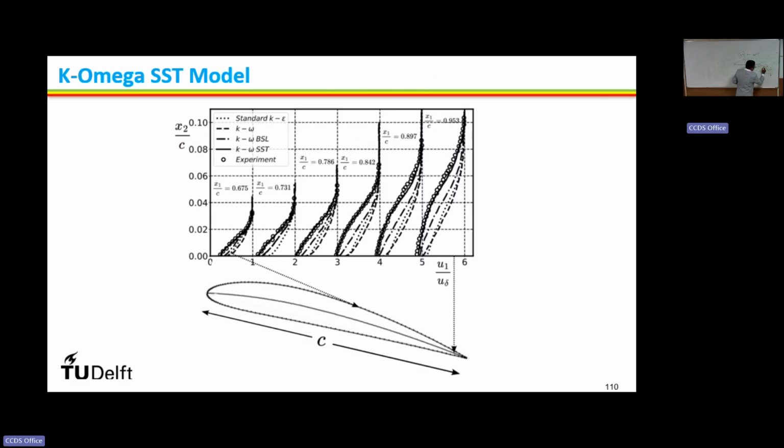You will find there is some flow separation from over here in this region, right? All the other models, the standard K epsilon model and the K omega baseline model, fail to predict the separation properly, while the K omega SST predicts it properly. So in many cases K omega SST reproduces the results quite well, and that's why some of the solvers put it as the default model.